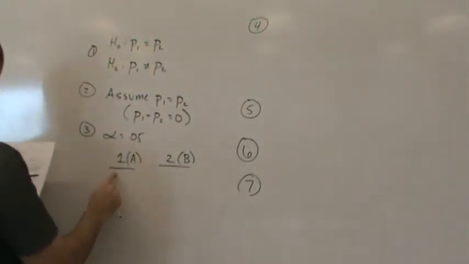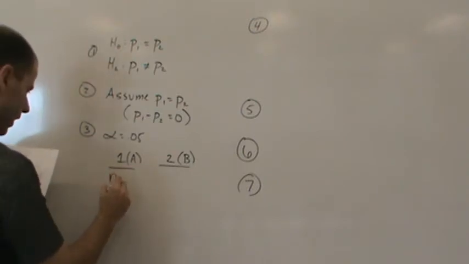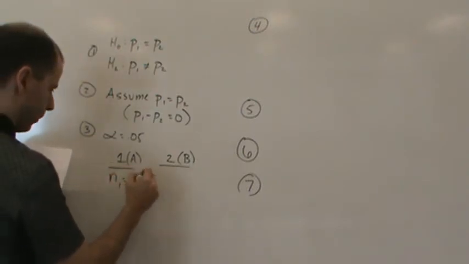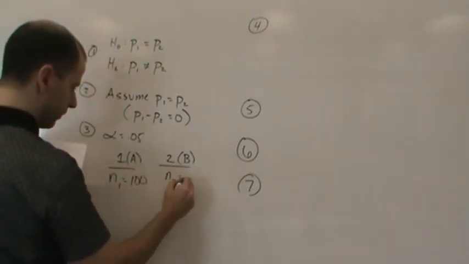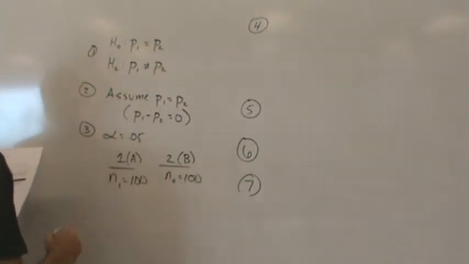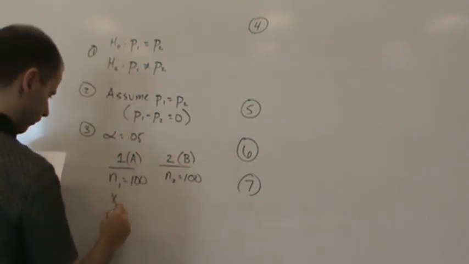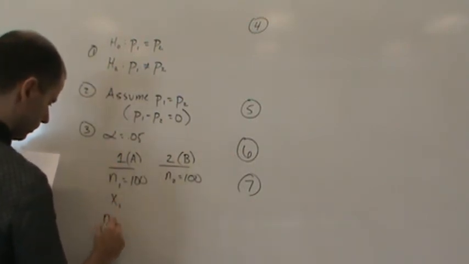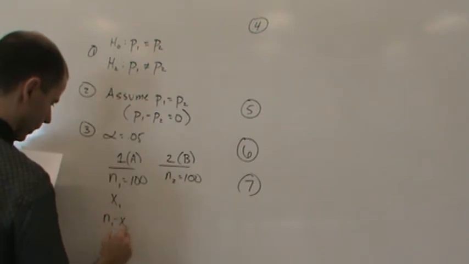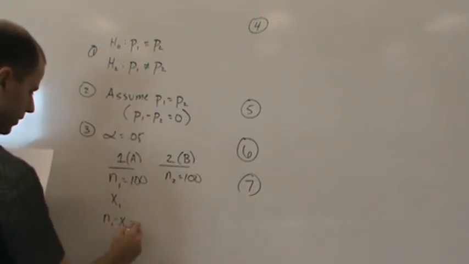So for the A's, we have N1 is 100. In fact, both sample sizes are the same, so they're both 100. Of the brand A, 14 of the 100 cracked, which means they failed.